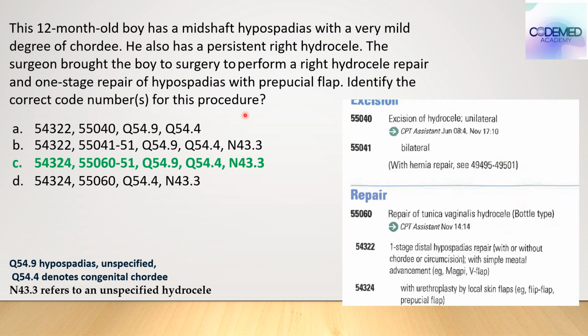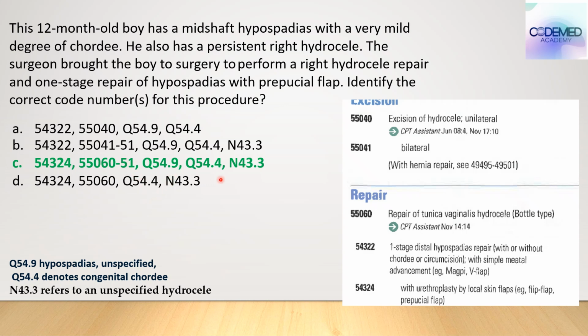I can see very clearly that a right hydrocele repair has happened. So I will require code 55060. So I am going to use 54324 and 55060, and since these are two procedures done on the same organ, we will require a modifier 51.